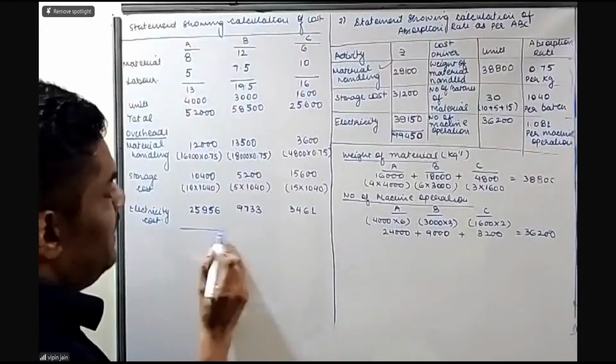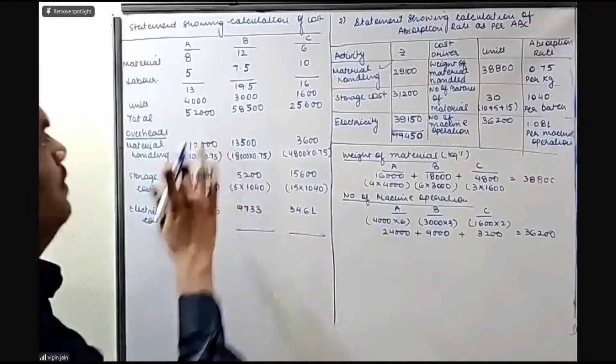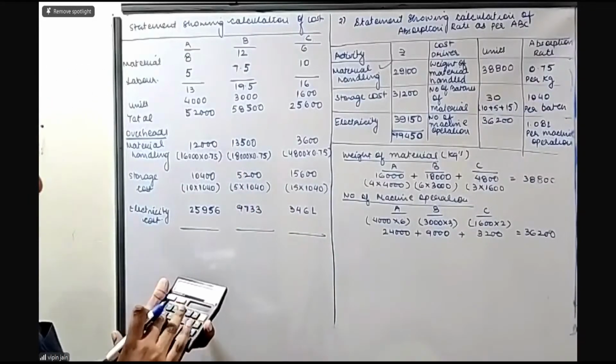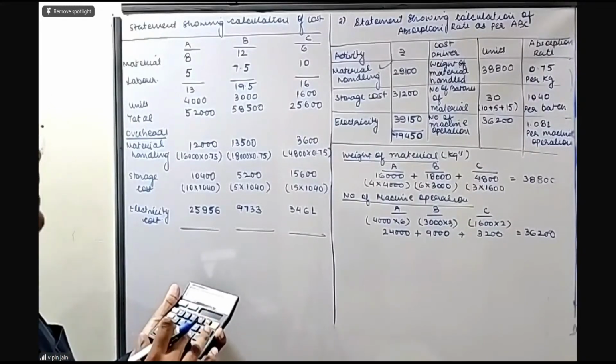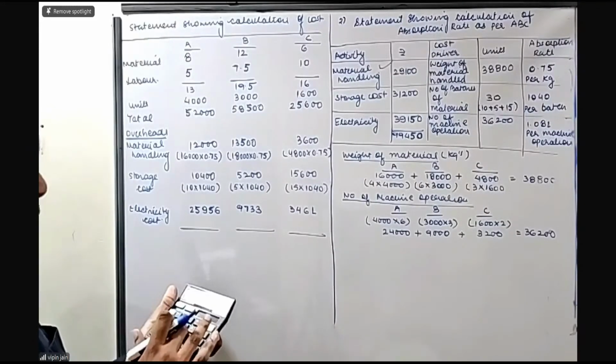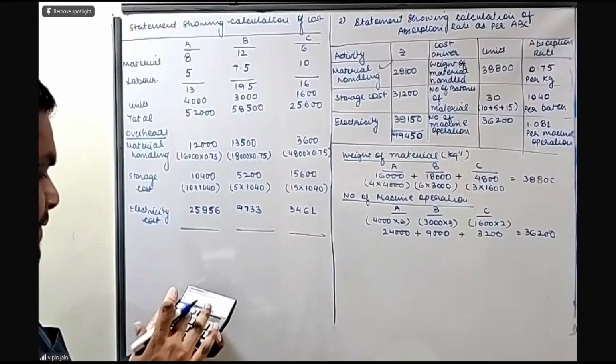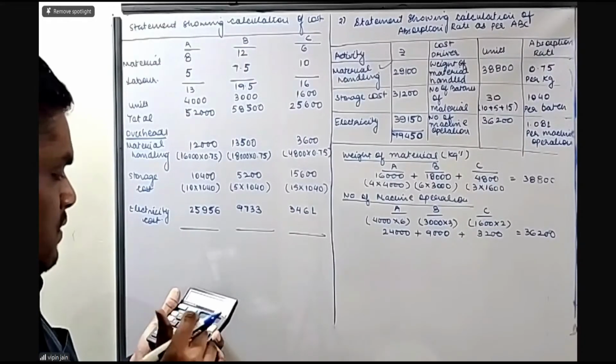So we can easily calculate the total cost now. That is 52,000 is material and labor, 12,000, 10,400, 25,956.